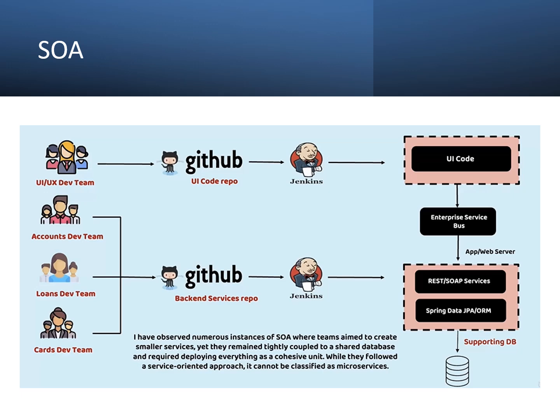The communication between the UI server and the backend server happens only with the help of a middleware component, which is the enterprise service bus. As I have already explained, it has advantages and disadvantages as well.